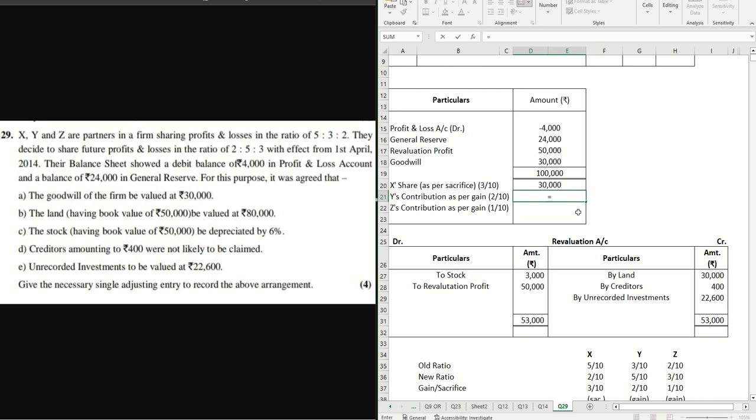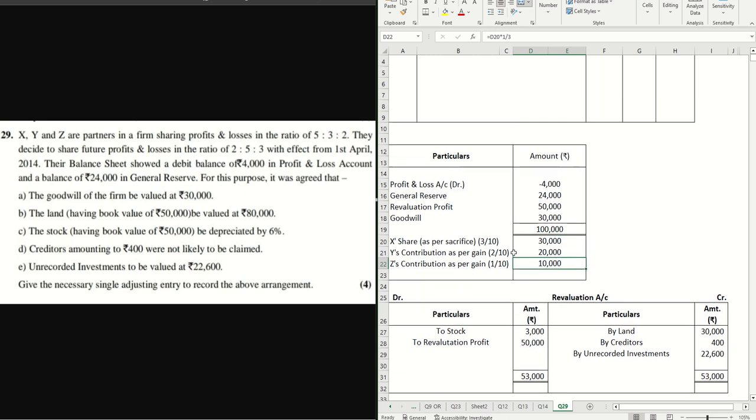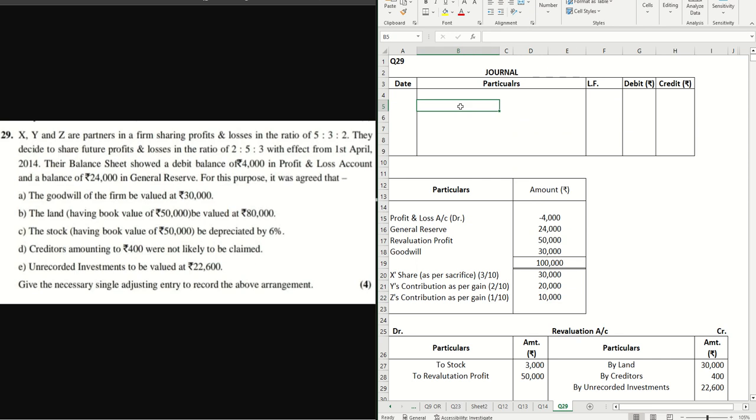Similarly, for 30,000, that will be contributed to X by Y and Z in their gaining ratio of 2:1. That means for Y it becomes 30,000 into 2 by 3, and for Z this becomes 30,000 into 1 by 3, 10,000. Straight away then the journal out of this will be Y's capital account debit, Z's capital account debit, to X's capital account.